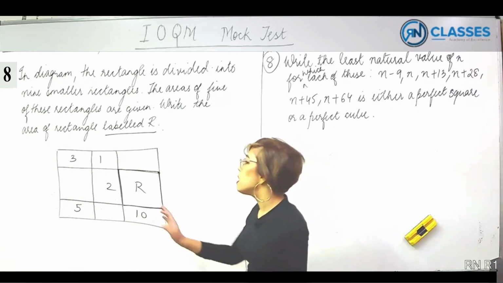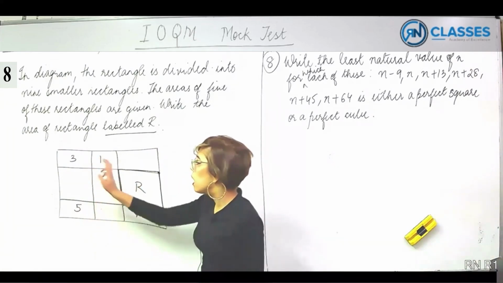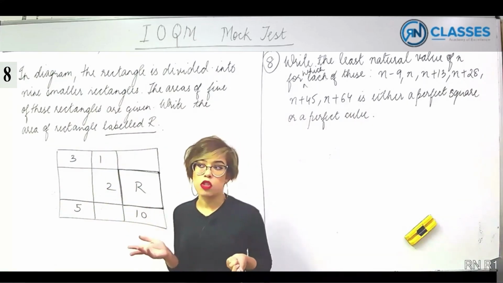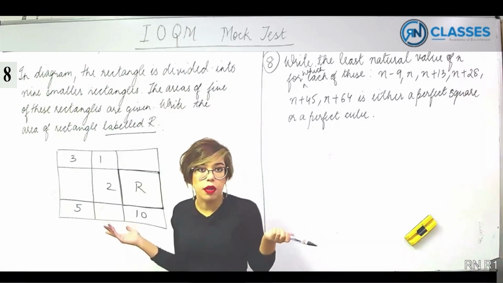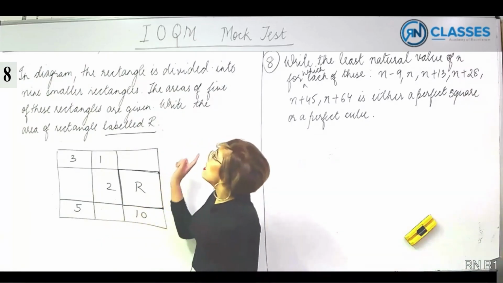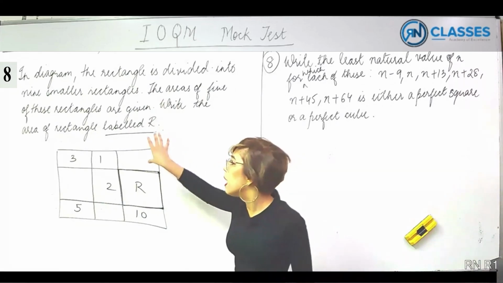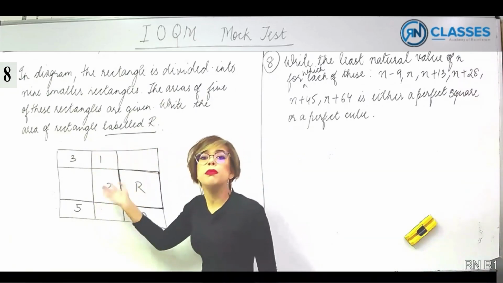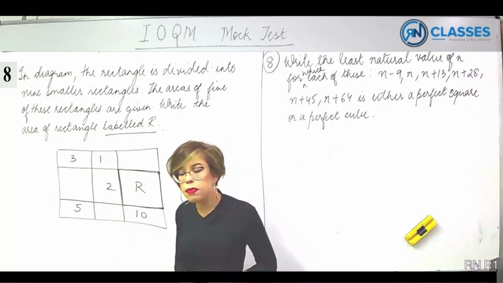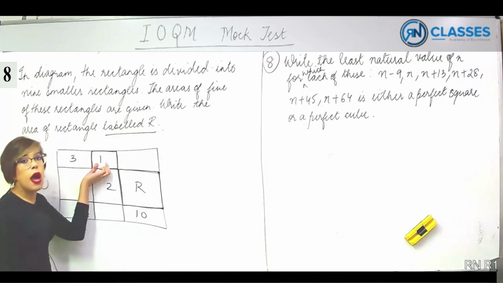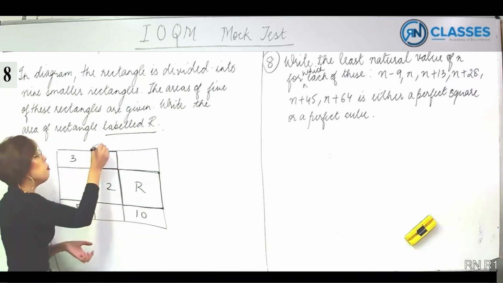Right? So as you can see, various areas are given and I can start by any of these. Now you will say, let's try to involve one variable, which is A, perhaps, or X, whatever you want to call it. But since I know that the answer will be a real number, instead of starting with the variable, let me just assume the length of the rectangle, right? So if I consider this rectangle, the area is 1, so I can consider the length and breadth to be 1 each.